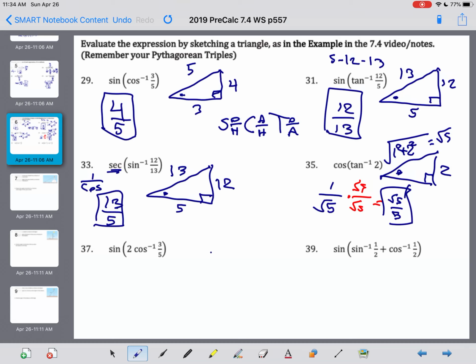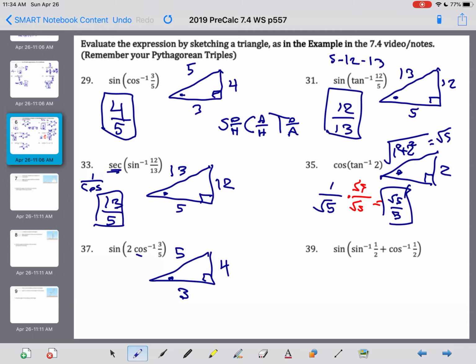Continuing here, I'm going to work inside. Here's my angle of interest, adjacent, since it's cosine. Hypotenuse, this is a 3, 4, 5. I've got to double that. So I have to use my double angle theorem, working through this.